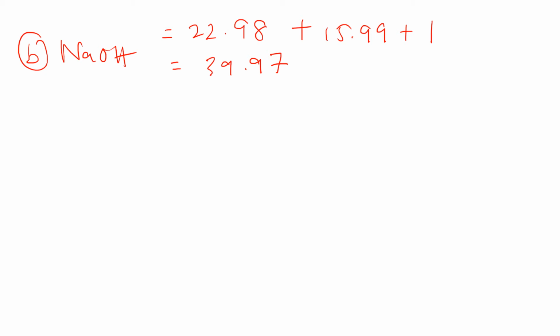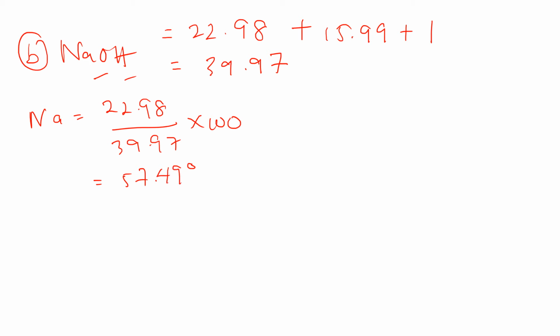So meaning the percentage of sodium, oxygen and hydrogen. So the percentage of sodium equals 22.98 divided by 39.97 times 100. So you will get 57.49%. Okay, for oxygen, 15.99 divided by 39.97 times 100.